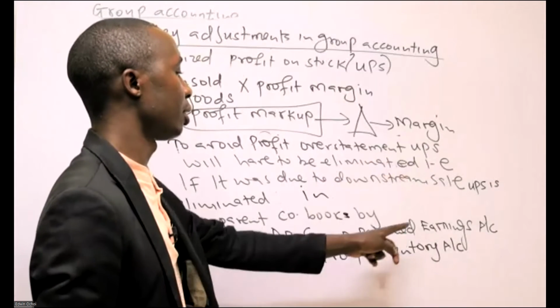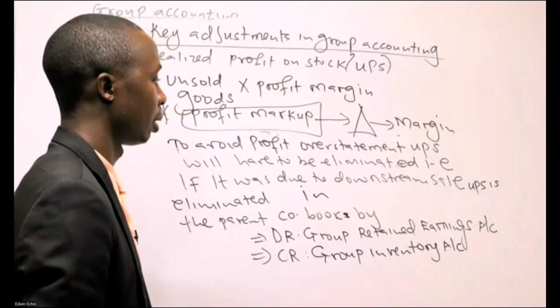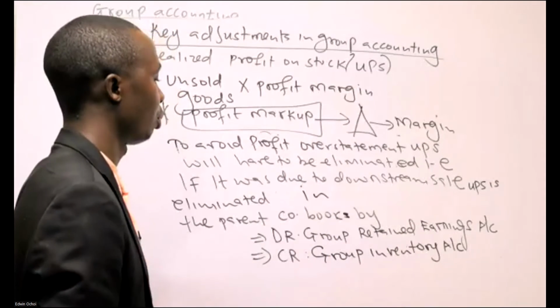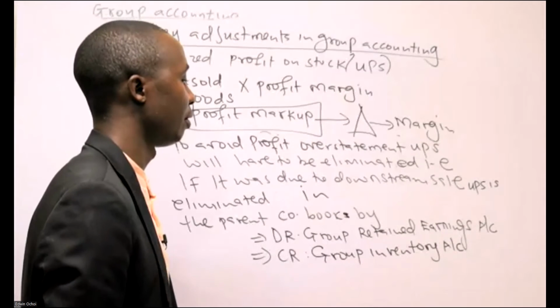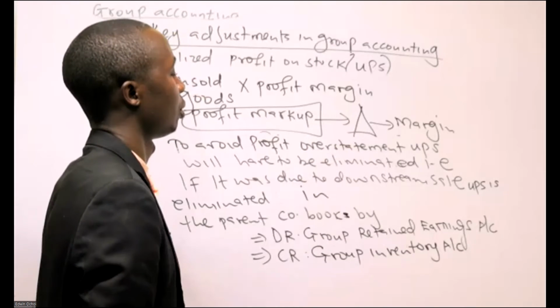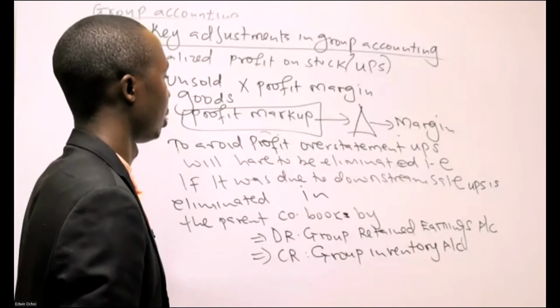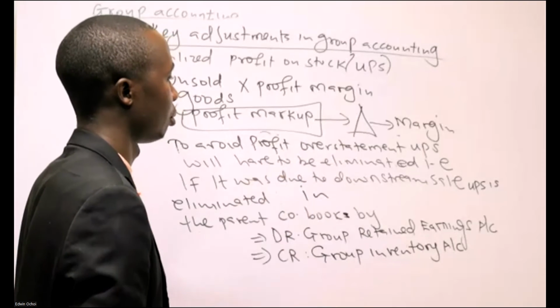Because when you debit your retained earnings account, that account is reduced by the UPS. When you credit inventory, again it is reduced. So you have avoided the profit overstatement in the parent books.